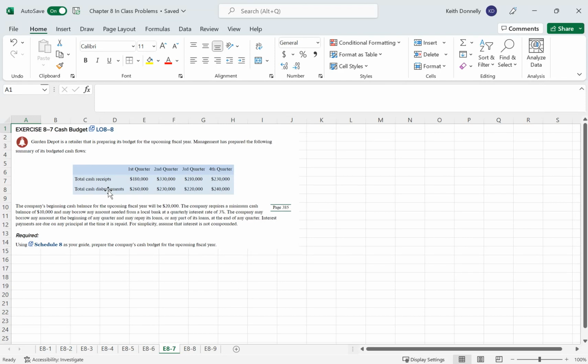Okay, so with this, we're going to have to build this out a little bit here, and this one's a little bit tricky. So we're going to have quarter 1, quarter 2, quarter 3, quarter 4, then for the year. All right, we'll start here with our beginning cash balance. And they're telling us that the beginning cash balance for the upcoming fiscal year is $20,000.